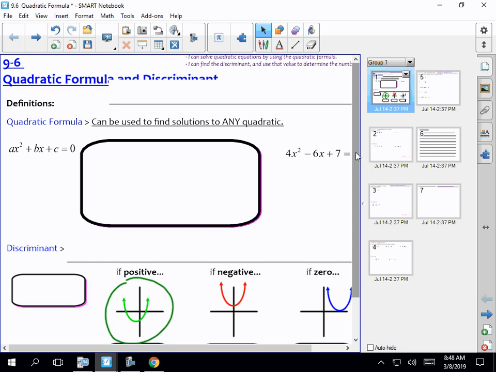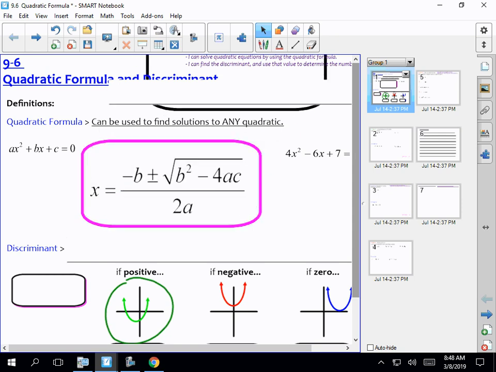If you complete the square with the general standard form of a quadratic, ax squared plus bx plus c equals 0, you end up with the following formula. X equals negative b, plus or minus, that's how you get the two solutions at times, the square root of b squared minus 4ac, all over 2a.